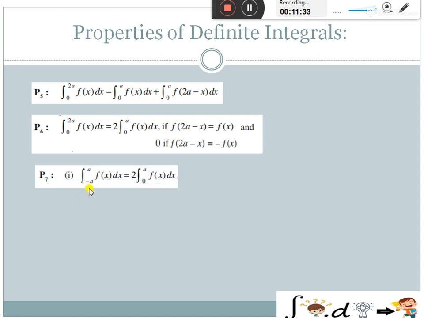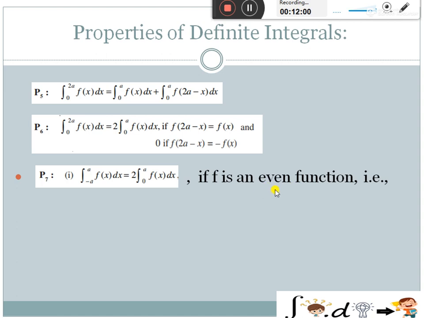And now we have the next one, that is the most important. In this integral, we have minus a to a fx dx. That means both the values, upper limit and lower limit, have the same value with a change in negative sign. Then that is equal to twice of 0 to a fx dx if fx is an even function. What is an even function? Remind yourself.